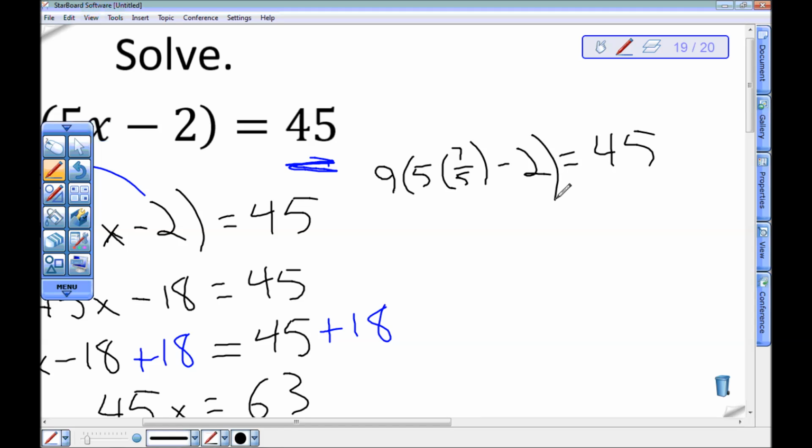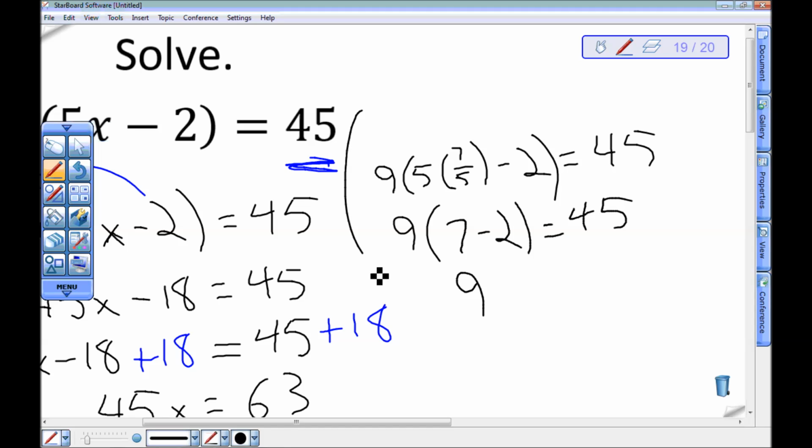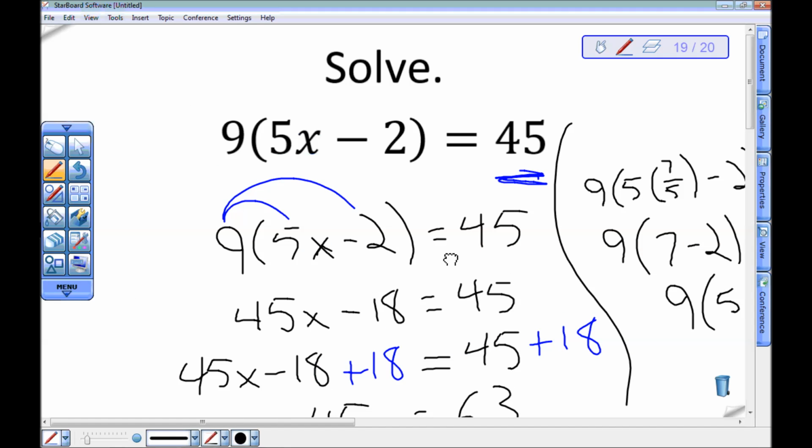Well, let me see. This is 9 times 7/5 times 5 is 7, which is nice. 7 minus 2 is 5. And I don't need to write down 45 equals 45 because I know that that's true. 9 times 5 is 45, which is 45. So 7/5 is my solution here.